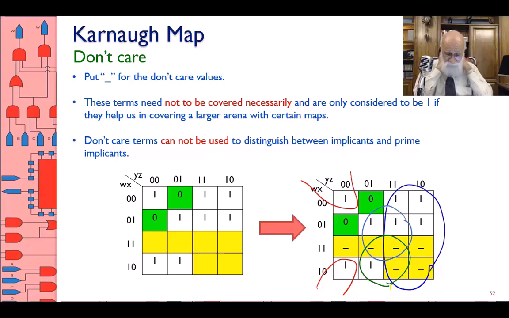I'm checking to make sure that I haven't made any mistakes here. What I did was I selected some of the don't cares as ones, and they helped me form larger groups.